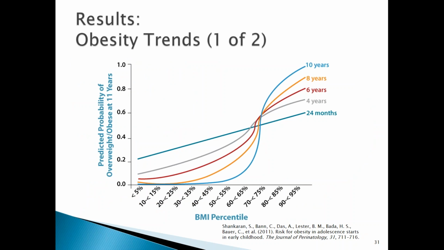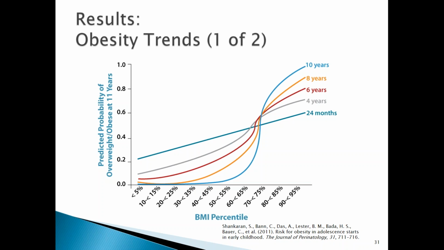So here are some of the trend graphs, and what we found. On the horizontal axis is their BMI percentile, and on the vertical axis is the predicted probability of being overweight or obese at 11 years. As you can see, for each one of these, the higher their BMI was at that earlier time point, the higher their probability of being overweight or obese at 11 years, like we expected.